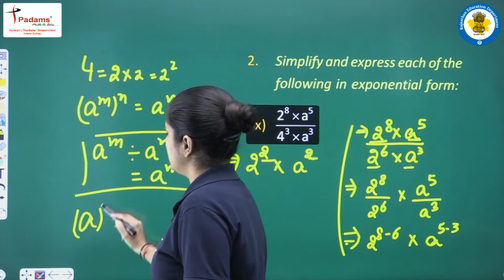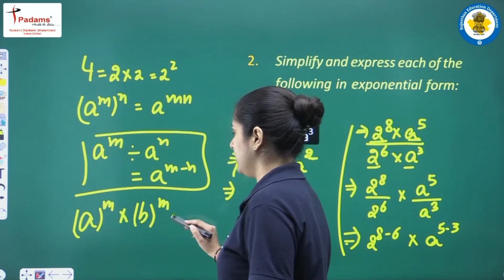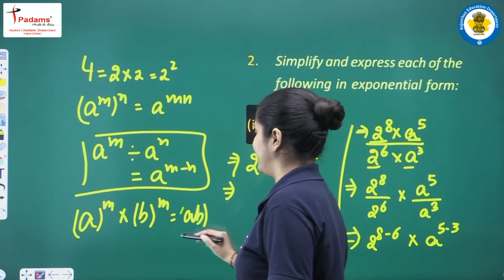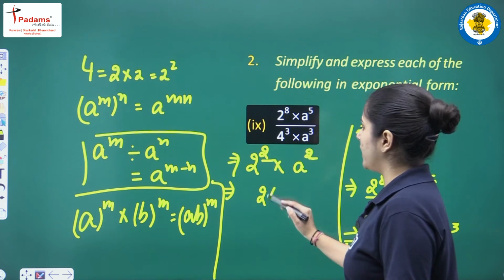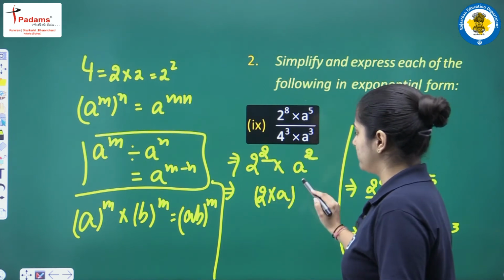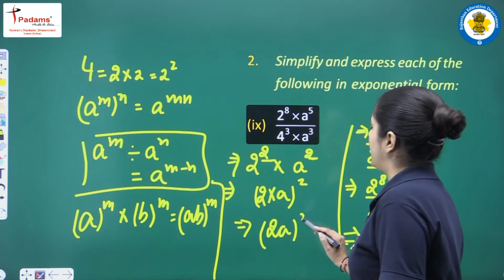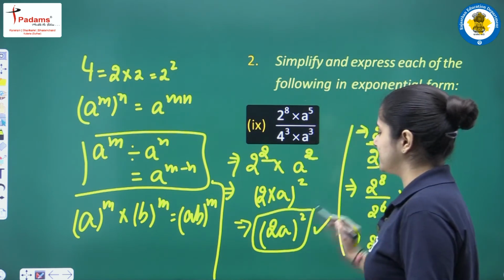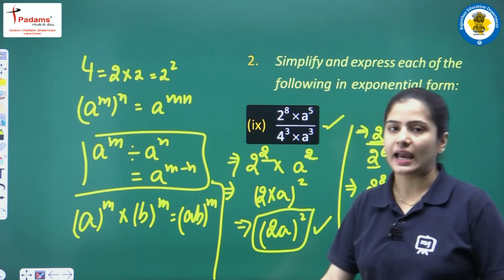When you have the same exponents but different bases, then the bases are multiplied with the same exponents, right students? So 2 into a raised to power 2, that is 2a square, and this is your answer. Alright students, this is your answer to question number 9.